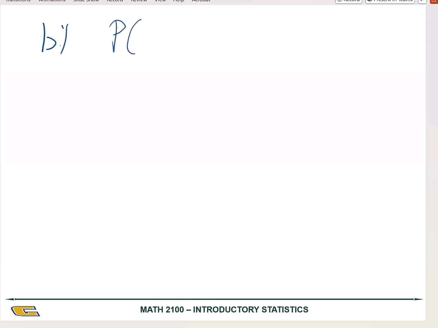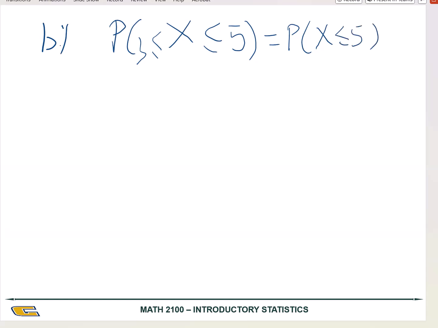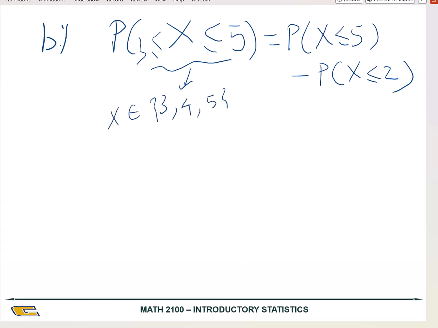Okay. S 5, right? 3. Y. So our question is, why is this the case here? So X less than or equal to 5. This event is basically equal to 3, 4, 5, which means X belongs to this.